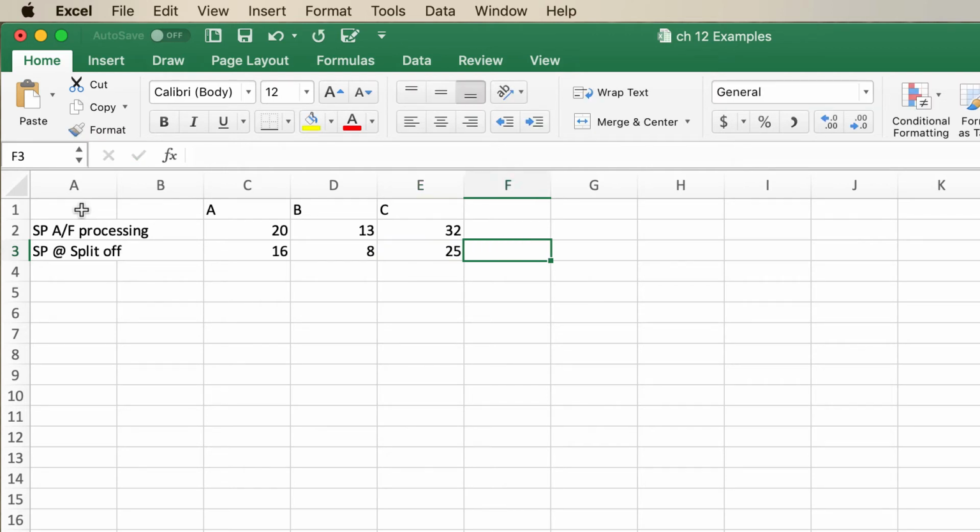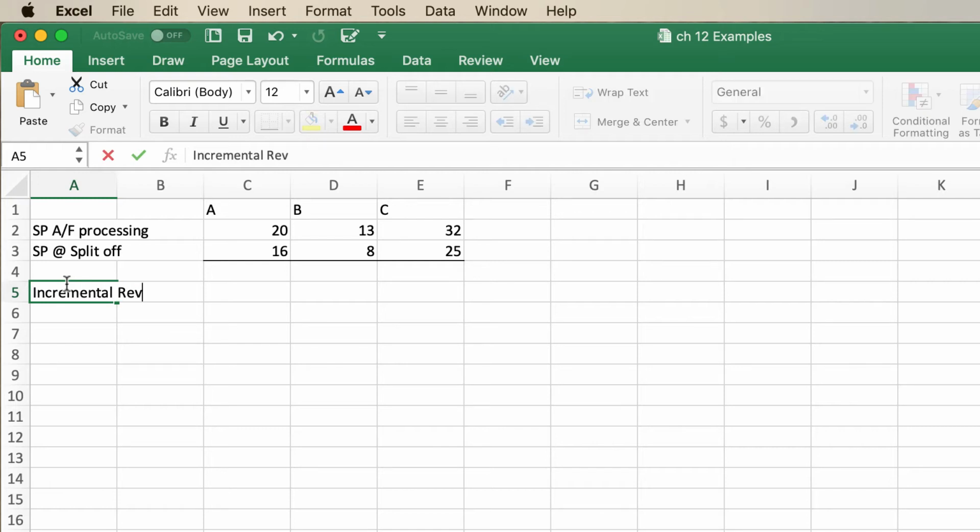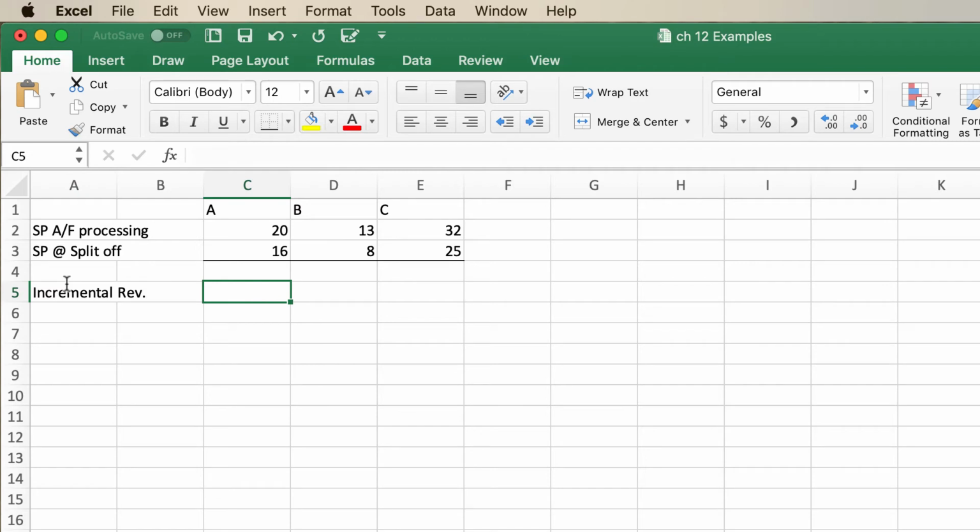Now we're calculating our incremental revenue. We see that the incremental revenue for product A is $4, product B is $5, and product C is $7.